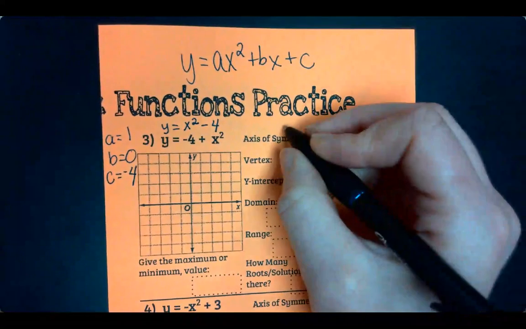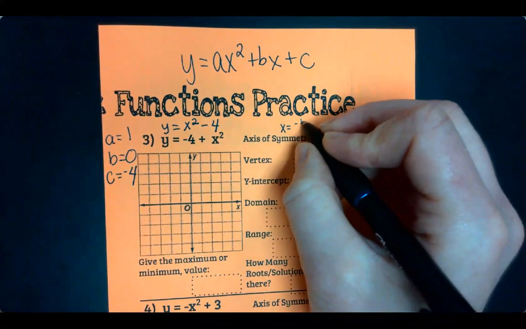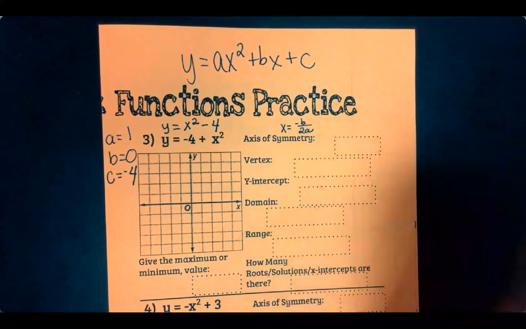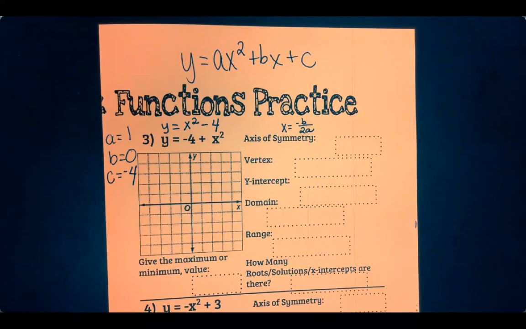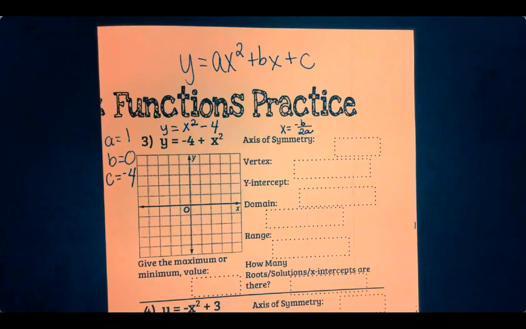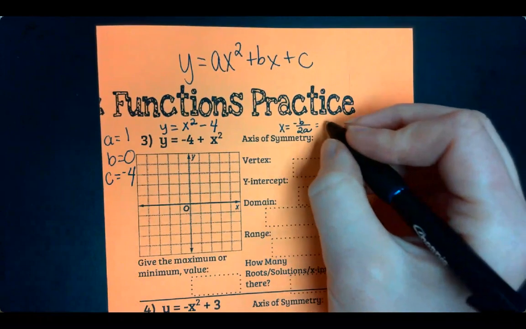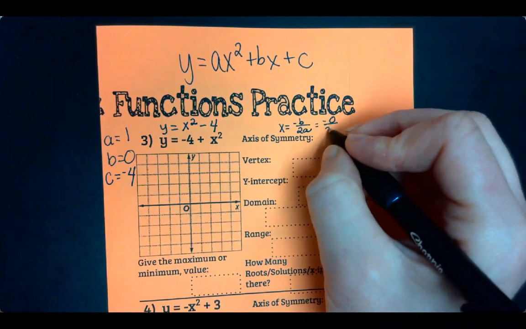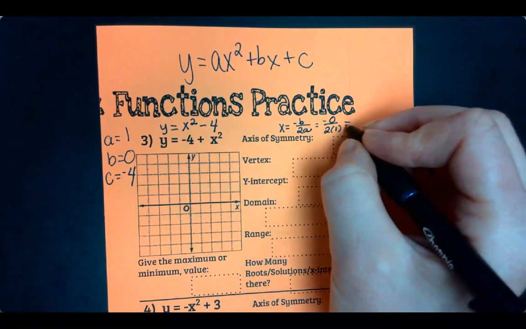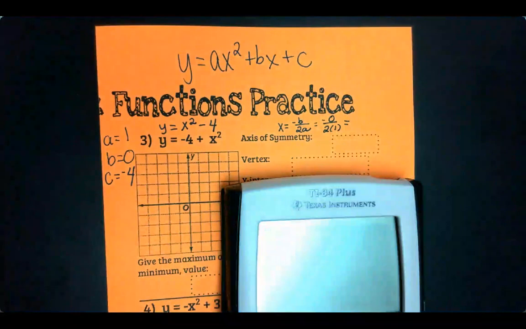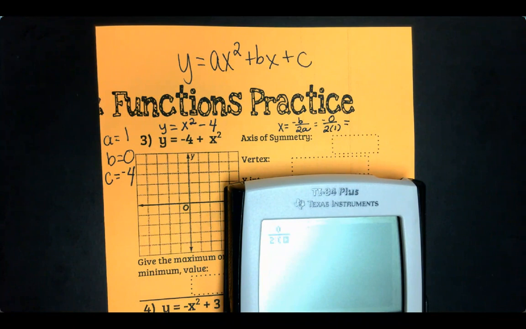Okay, axis of symmetry, x equals -b over 2a. -0 over 2 times 1. If I have 0 and I divide by any number, I get 0.